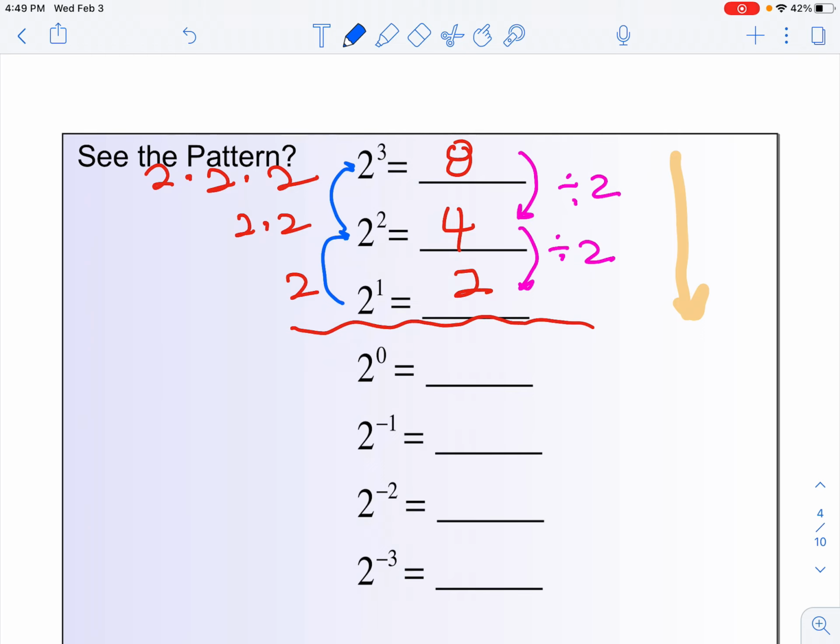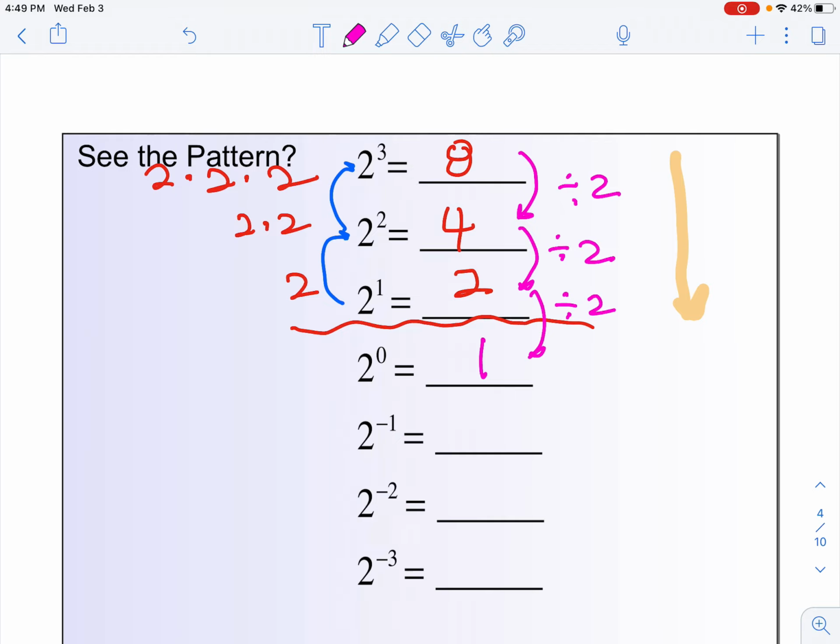So using that idea, if we take 8 and we divide it by 2, we get 4. If we take 4 and divide it by 2, we get 2. So what happens when we take 2 and we divide it by 2? Well, we get 1. So 2 to the 0 power is equal to 1?